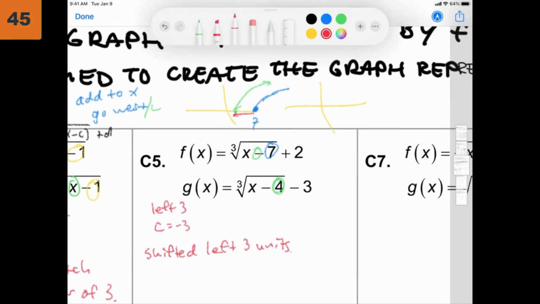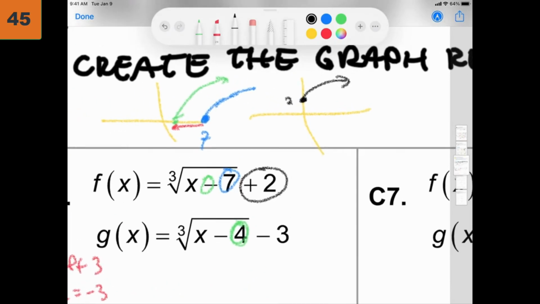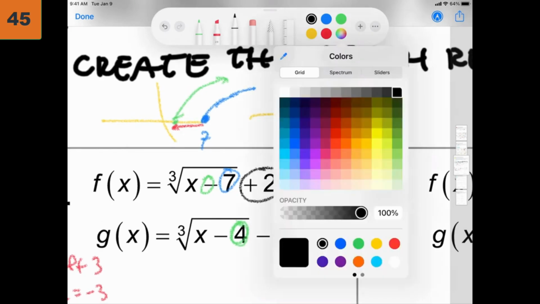Okay, let's do the same thing now with, let's just say the parent graph here at +2 looks like this, and then let's take a different color we haven't used. Let's use my favorite color, and this would be purple.